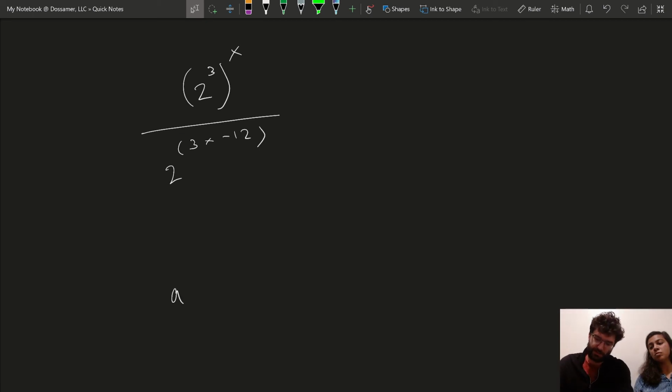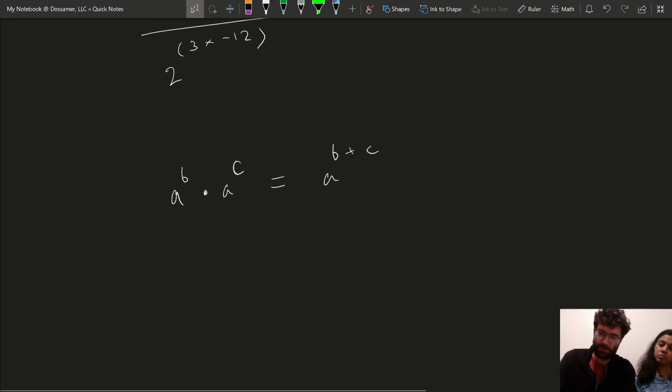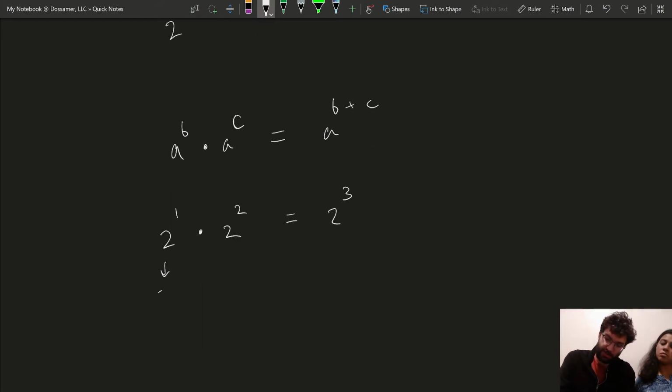So what Gary is getting at is that you can add and subtract powers of the same base. So generally, if you have a base a, the way they would write it in the textbook is if you had a to the b times a to the c, that would be the same as writing a to the b plus c.